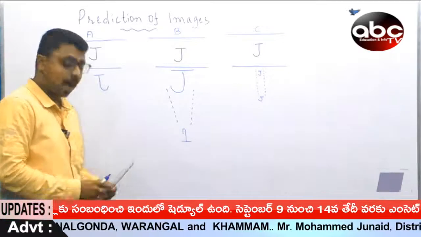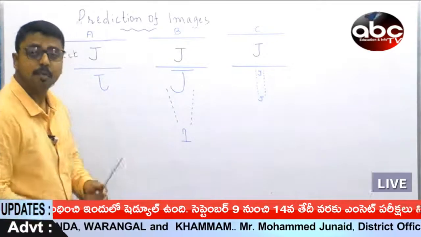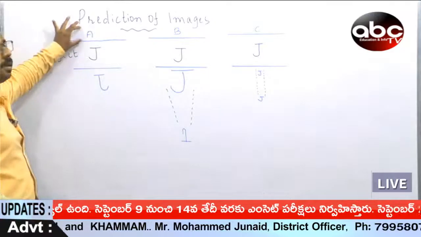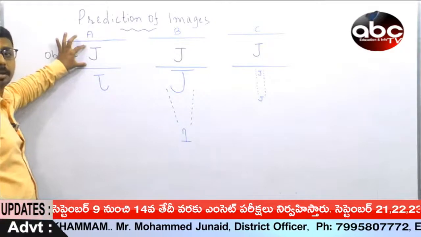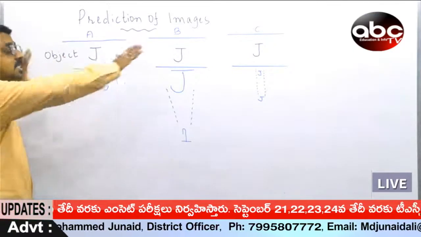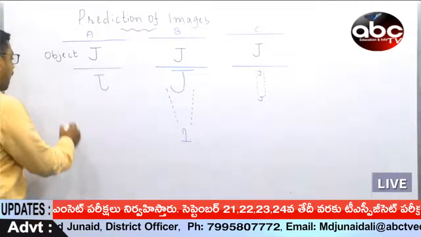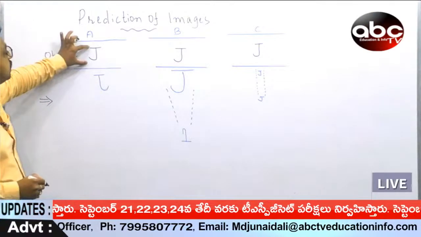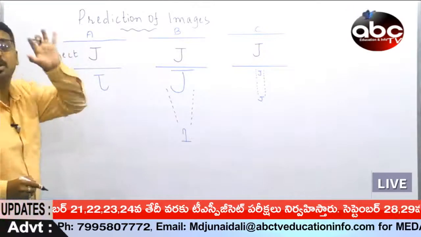So now I have three different types of images here. Point number one: at mirror A, if I take an object, what characteristics does it show? Now let us analyze the image. At this point, we can consider that the object and image sizes are equal.